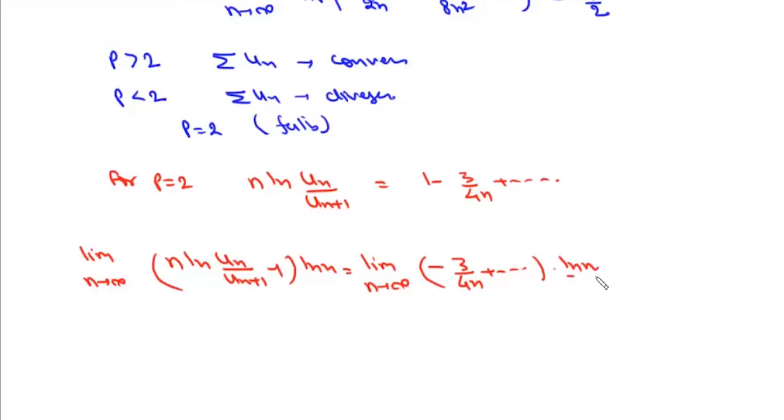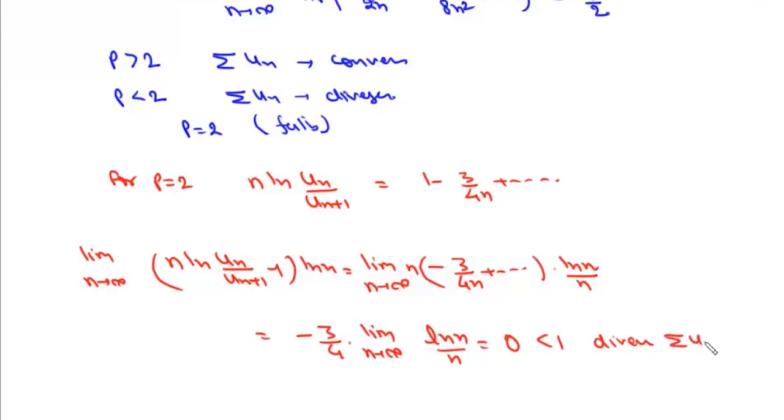Now what we'll do is we'll multiply and divide everything with n. Now we multiply n here, we'll get this as minus 3 by 4, and then we'll have this limit n tends to infinite log n upon n, and we know that log n upon n is 0, which is less than 1. That means this series summation un, it diverges when the value of p is 2. So this is how we use these tests.